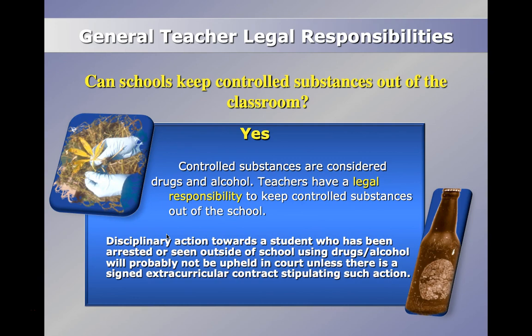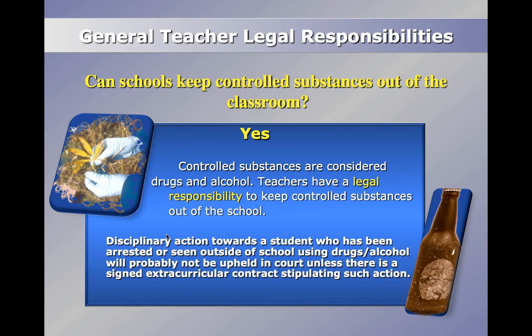And chances are the courts have ruled no, unless you have signed an extracurricular contract, like to play football. It could stipulate the actions that will be taken. Usually it's not expulsion, it's that you simply will be kicked off the team.